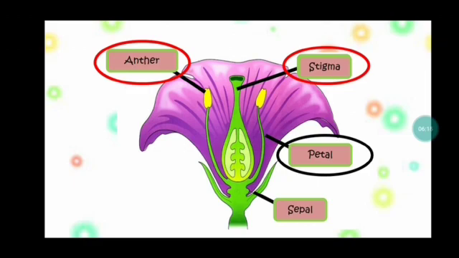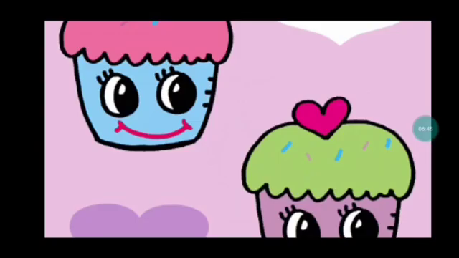Okay, understand? So what I mean here, the flowers have a part that helps the plant to reproduce. Which part? It is the petal. Jadi petal itu helps the plant to reproduce because the petal will attract insects to help the plant make a new plant.